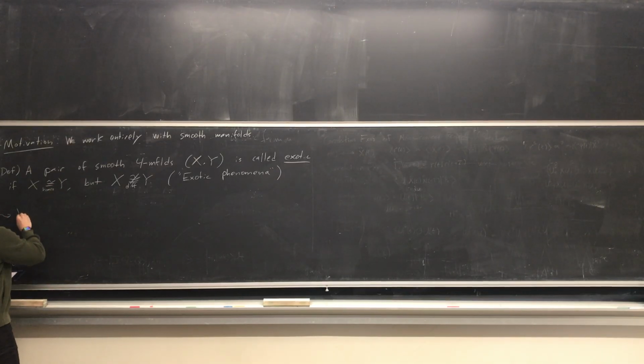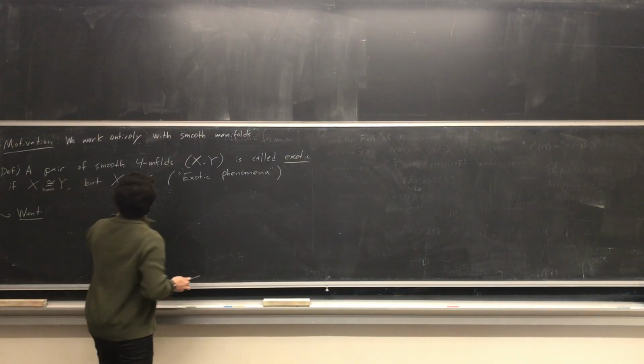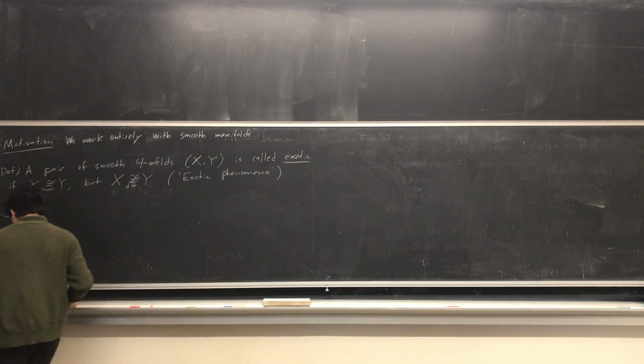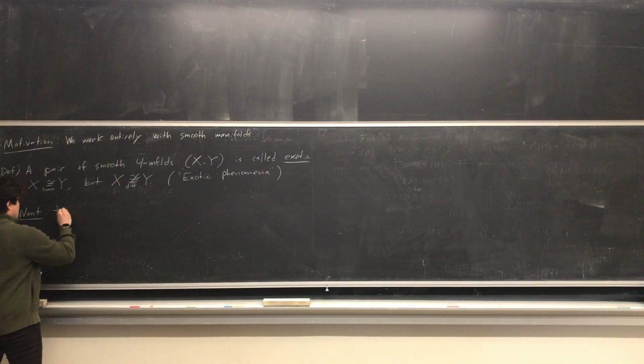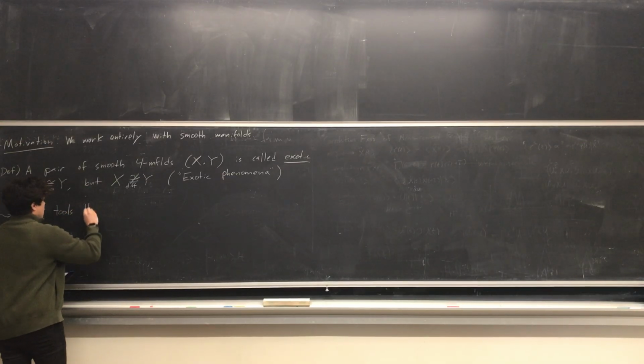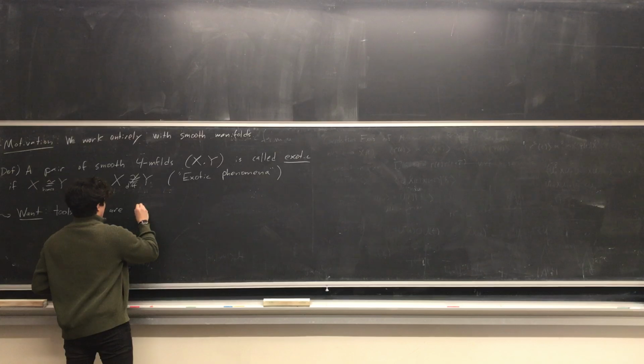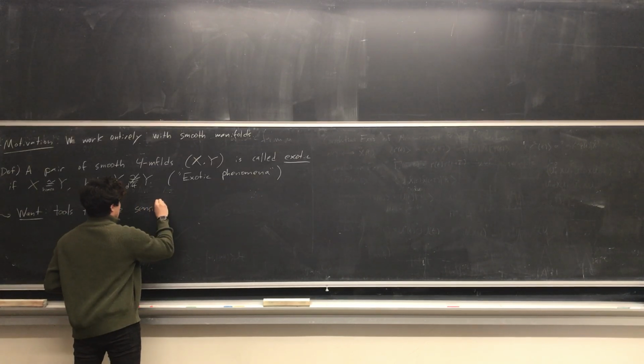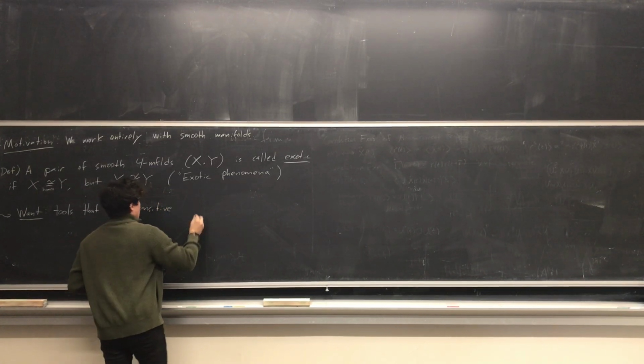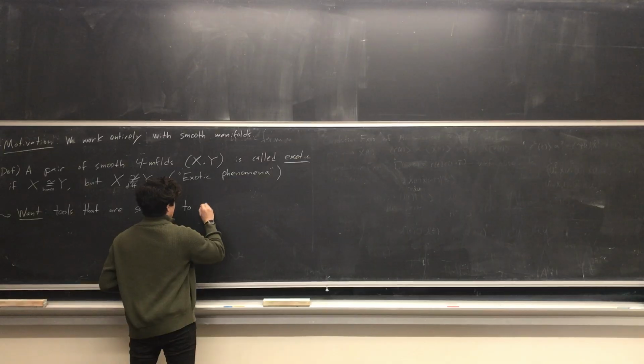Okay, so if we want to have some shot at finding exotic pairs, or taking two four manifolds that are homeomorphic and trying to show that they're not equivalent smoothly, we want tools that are sensitive to smooth structures.